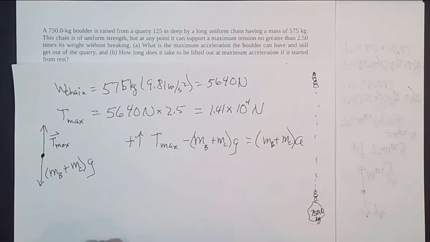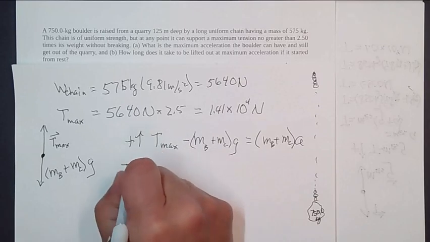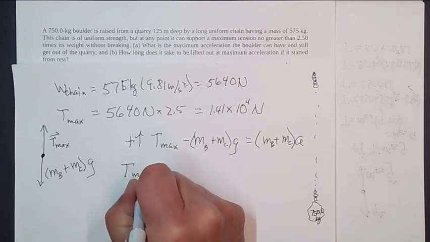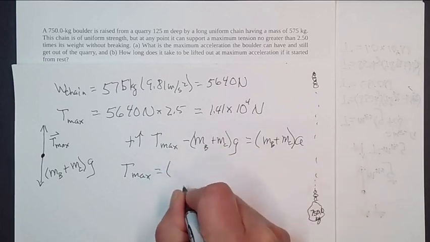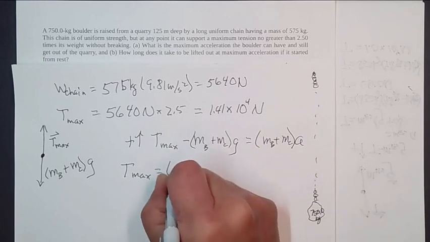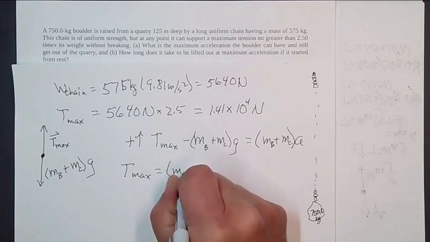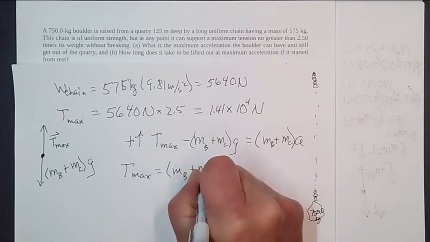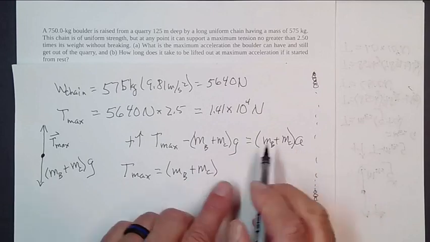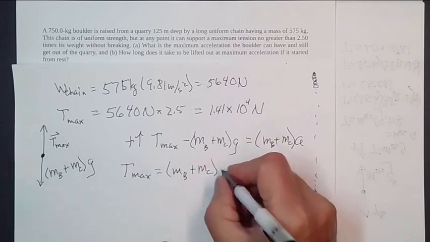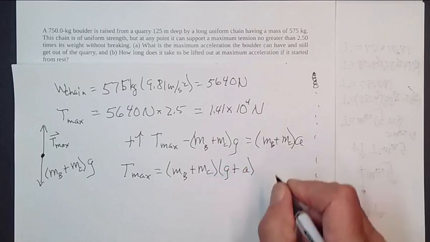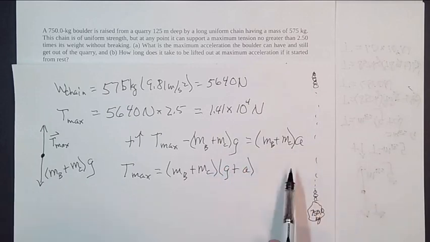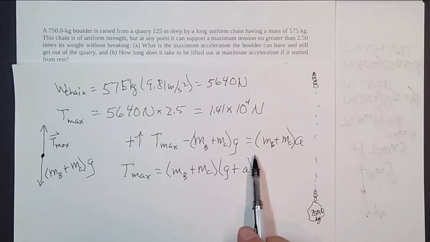Okay, well, we can kick this across. T max is going to equal, just take that across, and actually if I do a little factoring at the same time, I'll have two terms on the right side that have that mass as a common thing. It'll be g plus a. Oh, except what I should have done was just solve for the acceleration.